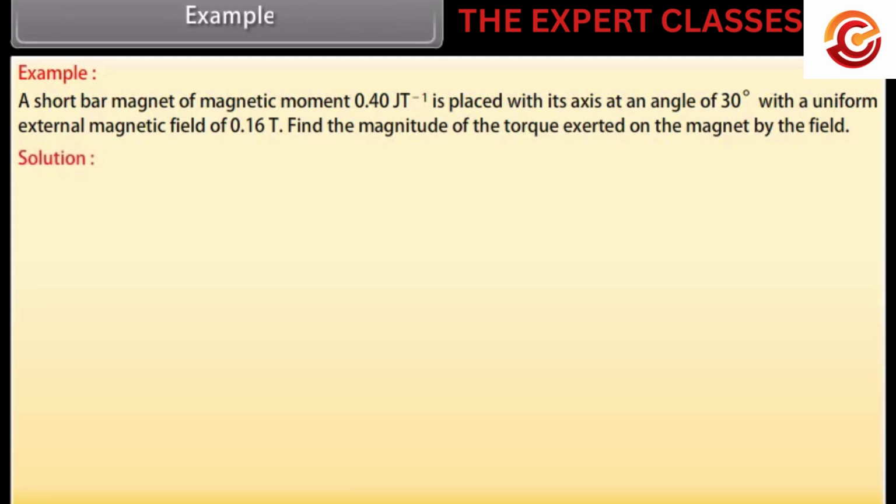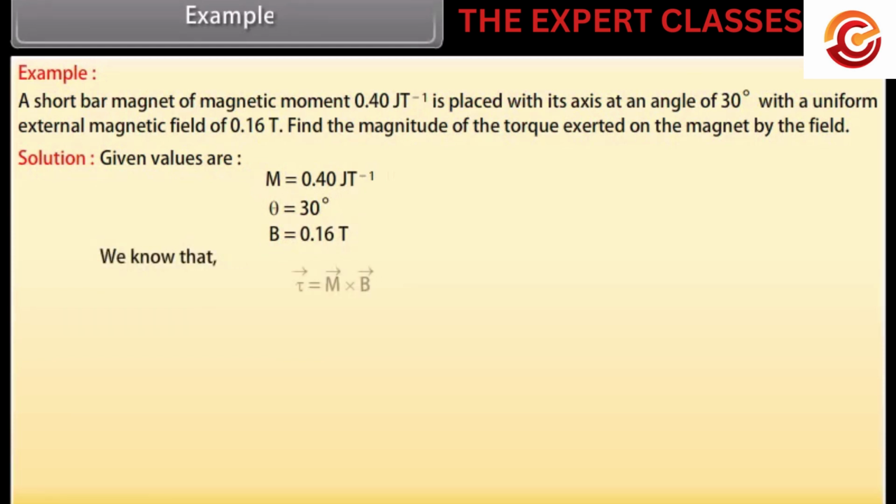Let's see the solution. Here given values are: m is equal to 0.40 joule per Tesla, theta is equal to 30 degrees, B is equal to 0.16 Tesla. We know that τ is equal to the cross product of m and B, or in terms of magnitude, τ is equal to mB sin θ.